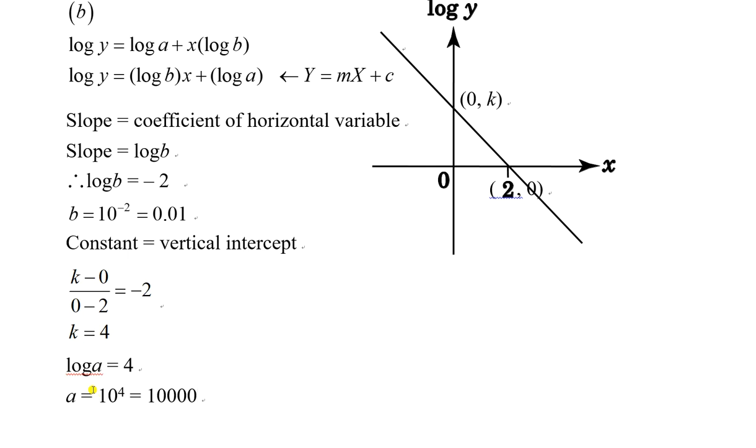Okay? By using the concept of slope, that is the coefficient of the horizontal variable, you can find b is 0.01, and the constant of this equation is the vertical intercept. So k will be equal to log a.